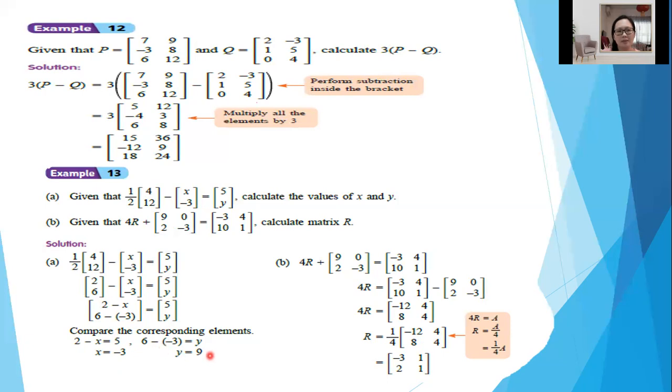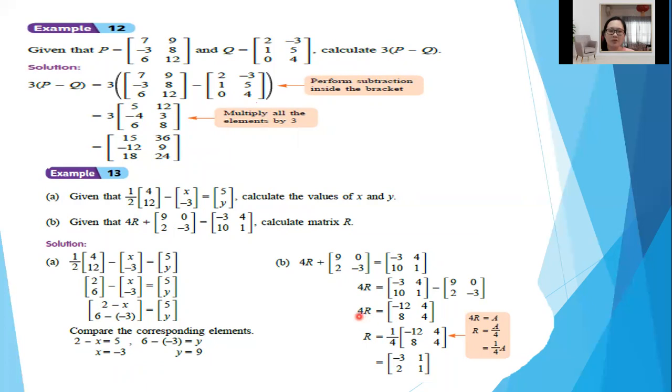y equals 9. Okay, then 4r plus 9, 0, 2, negative 3 equals negative 3, 4, 10, and 1. So bring the matrix, positive becomes negative. So we get this answer. To bring this 4, we will multiply them with 1 over 4.